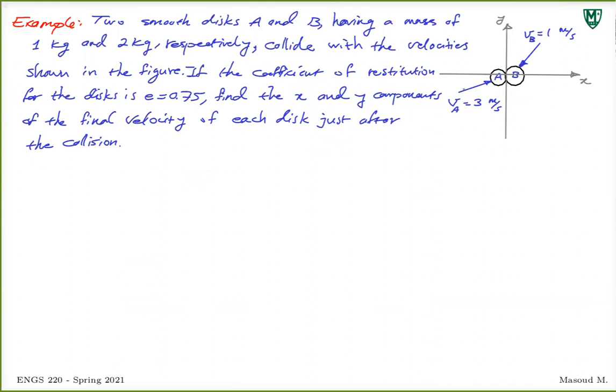Along X and Y. Because these are the components we're going to need: Vax, Vay, Vbx, and Vby. So we know that we need those. Let's just find them. So this is for Va.